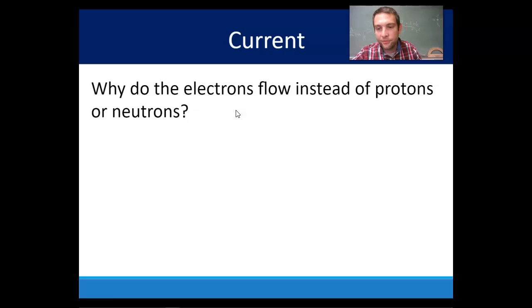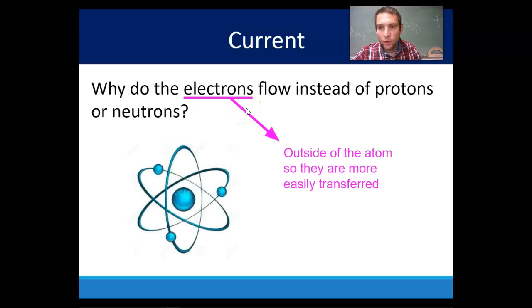Why do the electrons flow instead of protons or neutrons? The electrons flow because they live just outside of the atom. If we were looking at protons flowing, we would first have to break apart those protons because they're bonded with a strong nuclear force to neutrons and other protons.